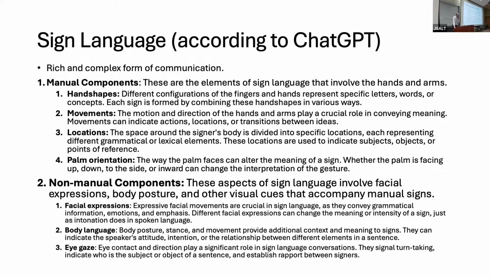So we are taught that there are two main components of the language: a manual component and a non-manual component. That's the general distinction. The manual component is about the movement and the things you can observe pretty well.